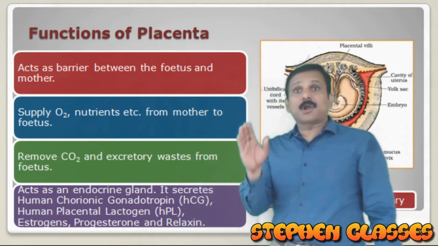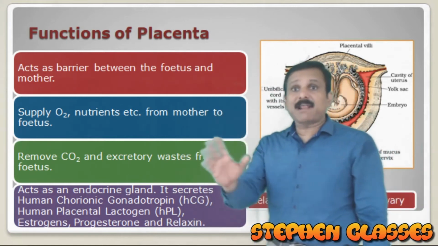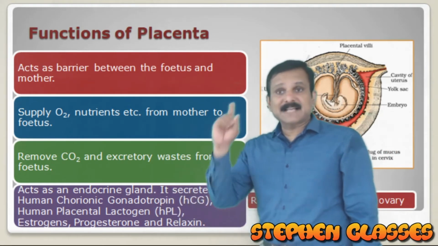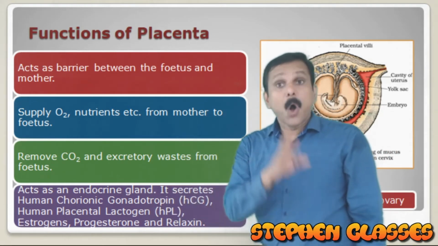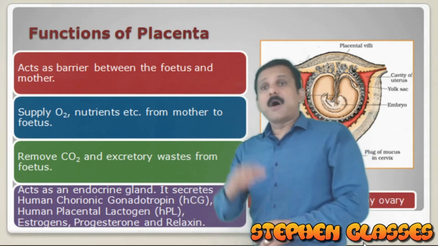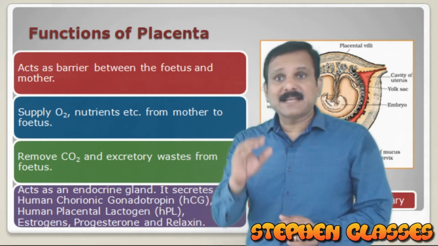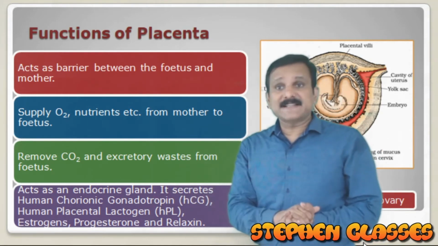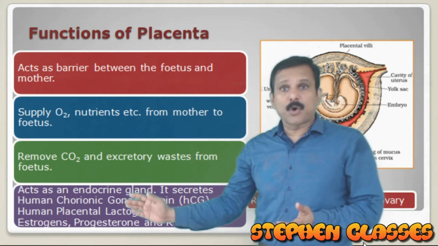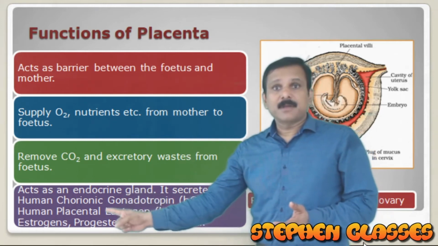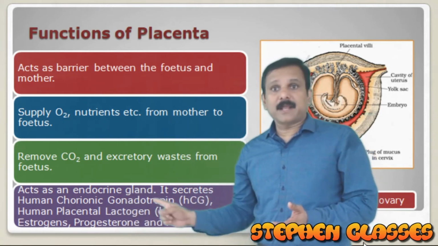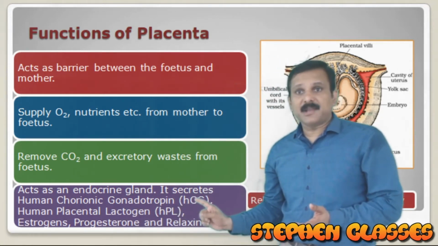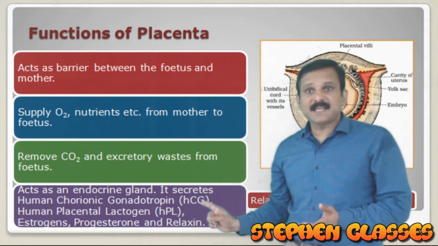Another important role of the placenta is the endocrine role. The placenta can act as an endocrine gland, because it is capable of producing hormones. Whenever hormones are produced, we can call it an endocrine organ or structure. Our placenta secretes human chorionic gonadotropin, in short HCG.